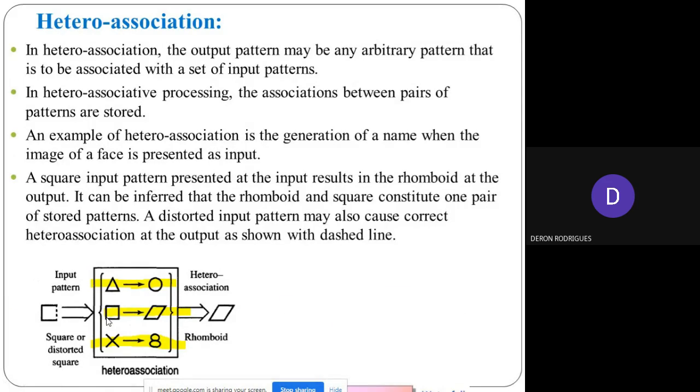Fine. Now one more example is a neural network which can be designed so that, supposing I say Niagara, the output will be waterfall. Say for example, I say Kolva, it will say Kolva beach or something like that. If I say Dudhsagar, it will tell me it is a waterfall.